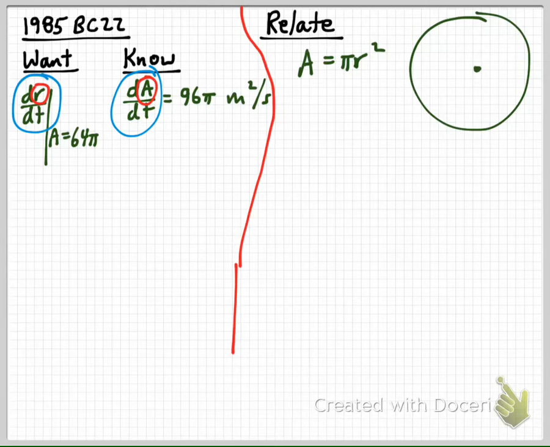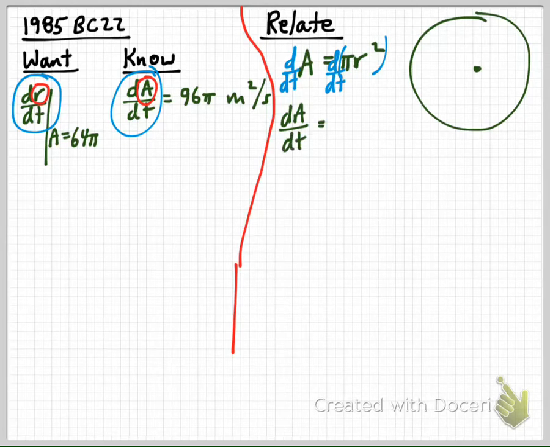So that kind of begs us to differentiate both sides. We're going to d/dt both sides. d/dt is a verb, a d/dt something. And then on the left side we get our dA/dt, because dA/dt is dA/dt, right?